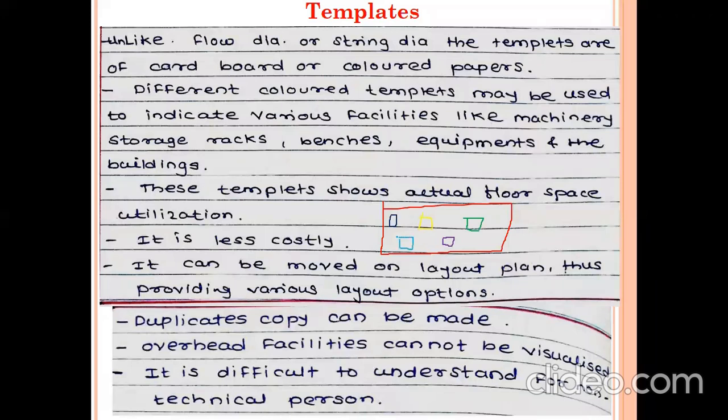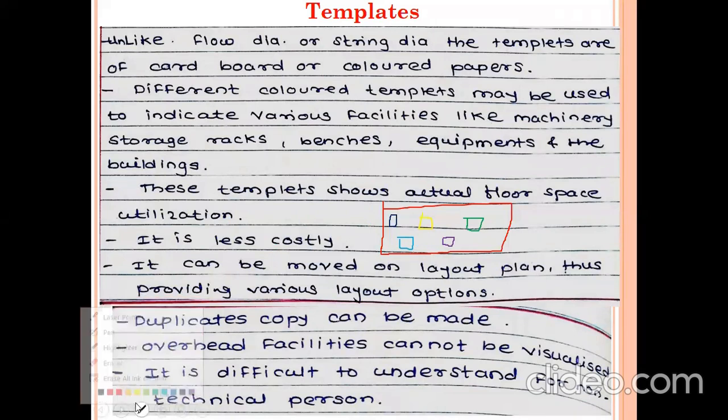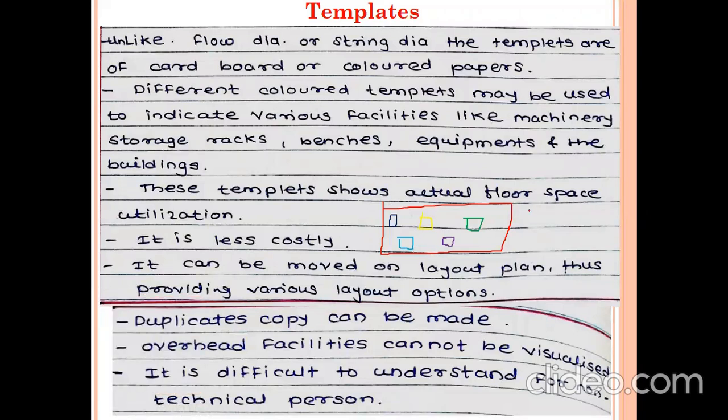Then what will be the total floor space area? By looking at this diagram, you can understand that red color is the total floor space area, and in this area the different machines, building, office, canteen, store are there.